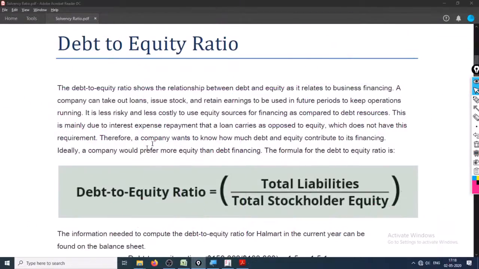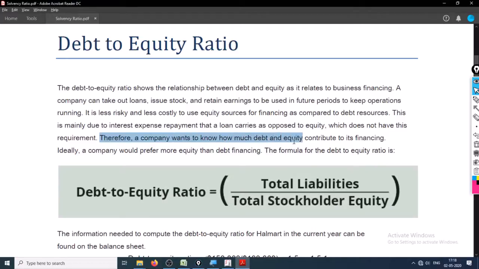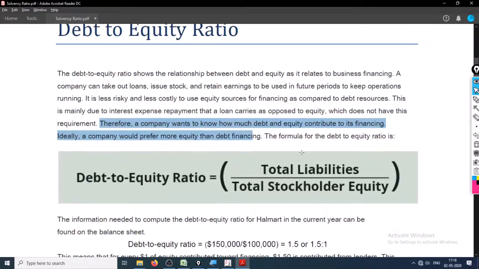That is why a company wants to know how much debt and equity contribute to its financing, that is, its capital, or the sources of fund side. A company would prefer more equity than debt financing. Obviously it would prefer more equity than debt financing.